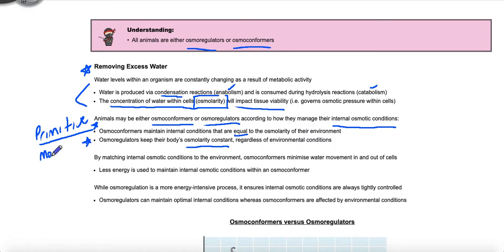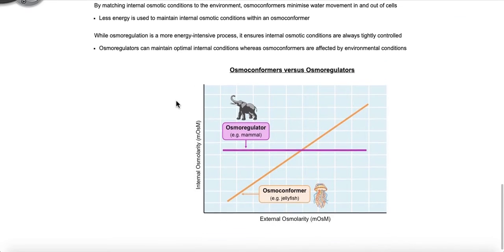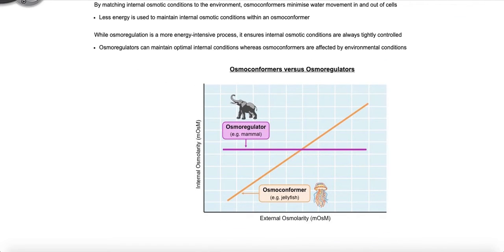So more advanced species are the osmoregulators. In this graph that you see here, we see the difference between the osmoconformers versus the osmoregulators. Now remember one thing about the osmoregulators, right? This is a more energy intensive process. So in order to do that, that's going to require lots of energy.